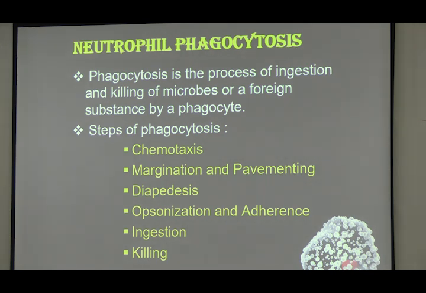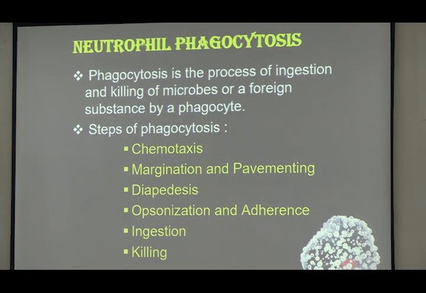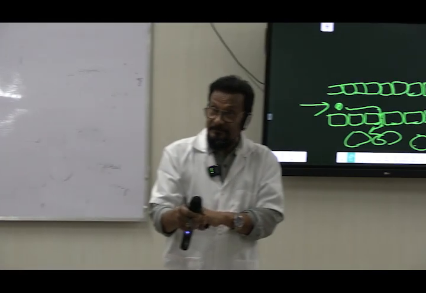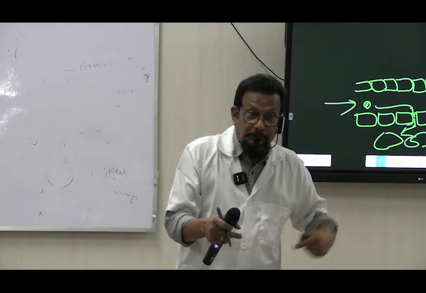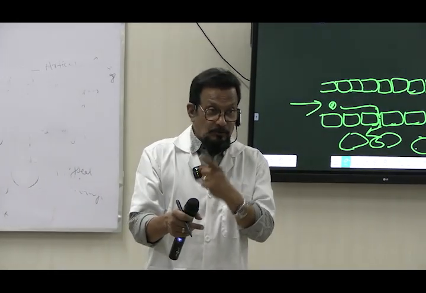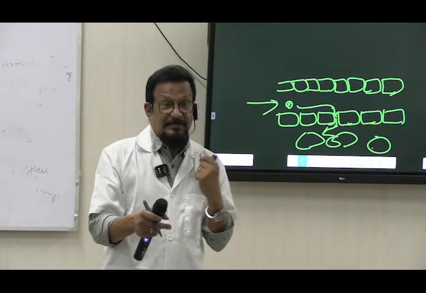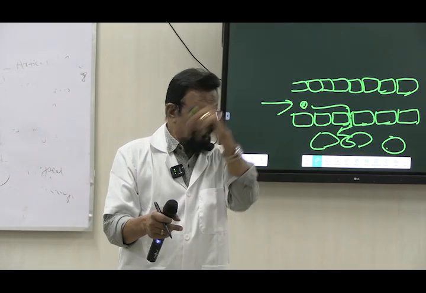Actually, neutrophils get stimulated by the complement system. In that area, some invader has entered, so we have to go there. We are in blood, we have to go there. So this is getting the sensation from the infected area.